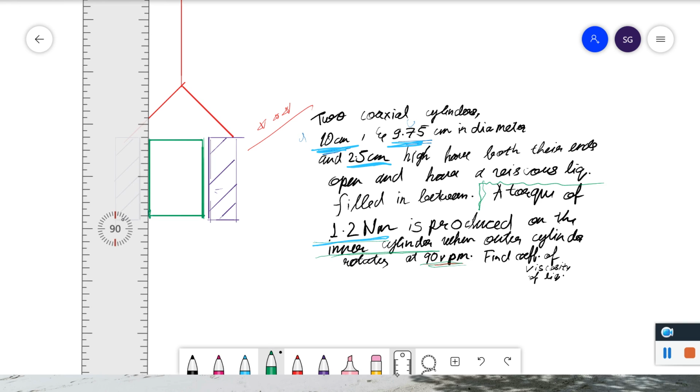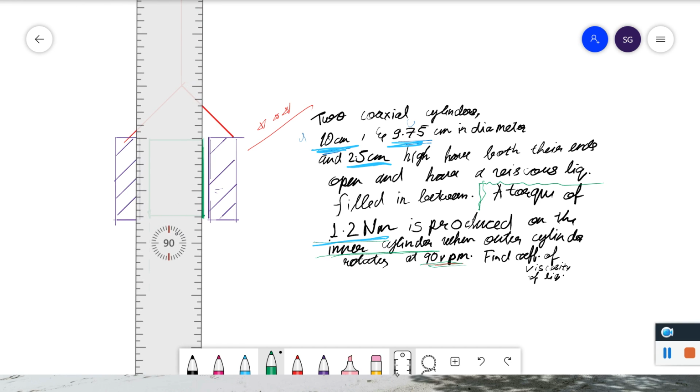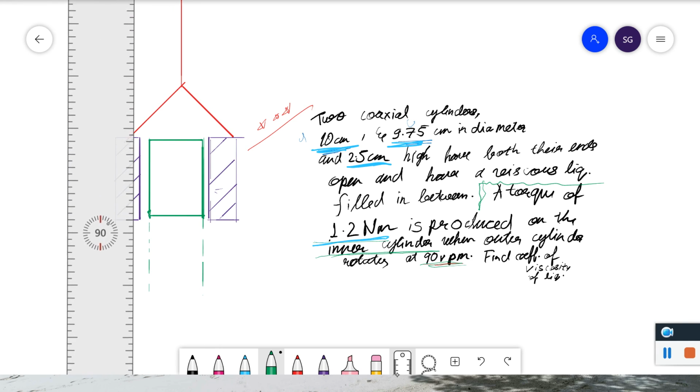This portion is... and we are concerned about this portion.